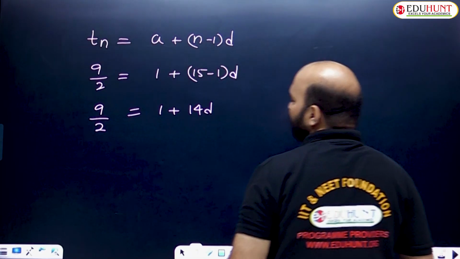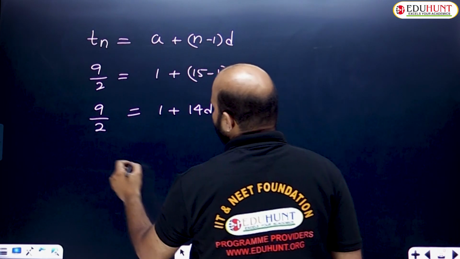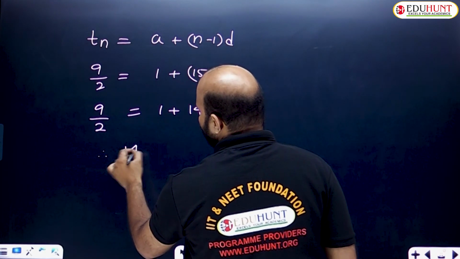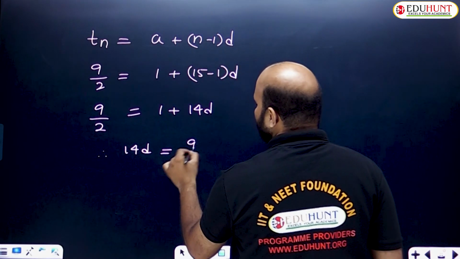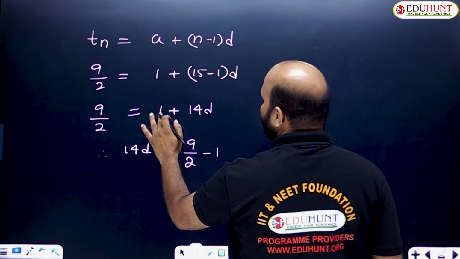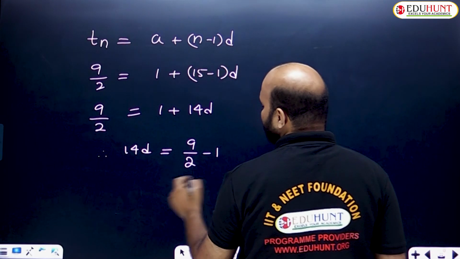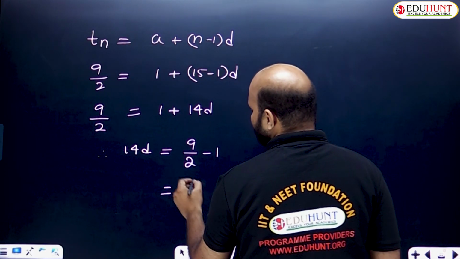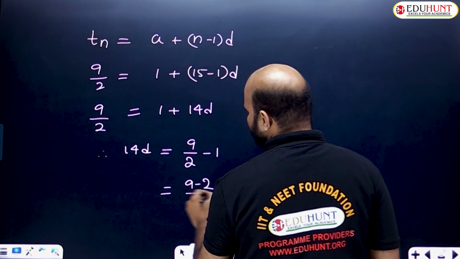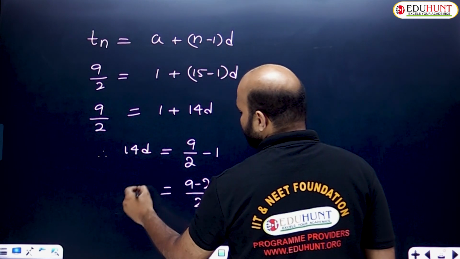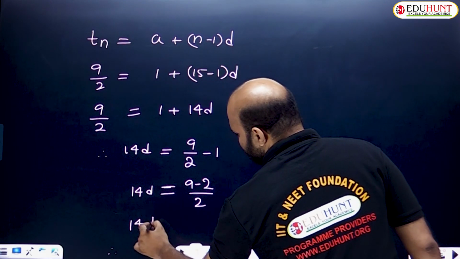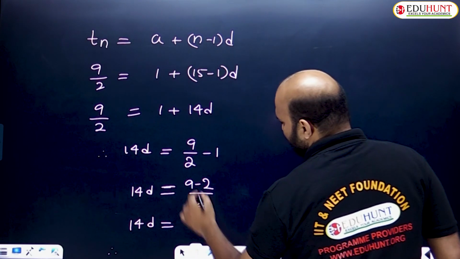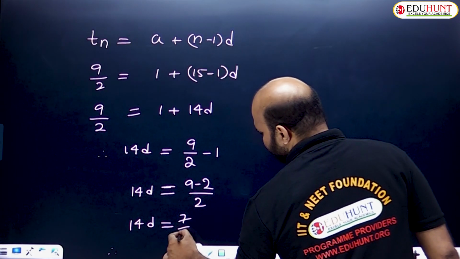Am I clear? So how will we get the D value? 14D equals 9 by 2 minus 1. Because positive 1 goes to the left side, it becomes negative. So it can be written as 9 minus 2 by 2, with 2 as the LCM. So 14D equals 7 by 2.